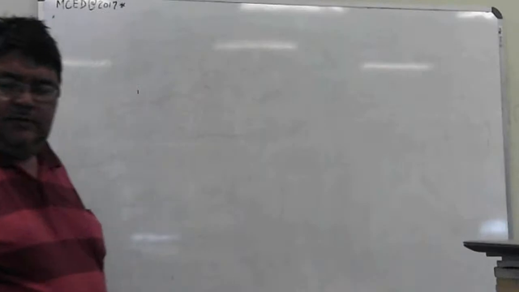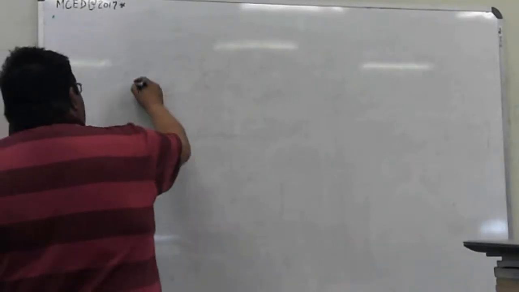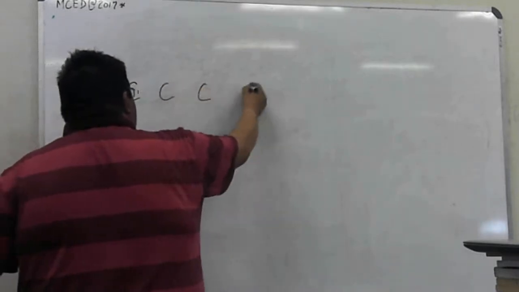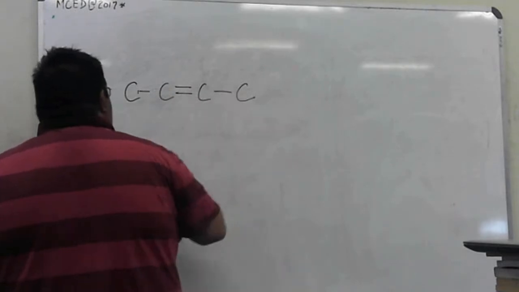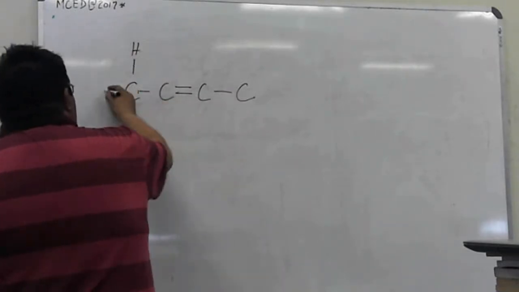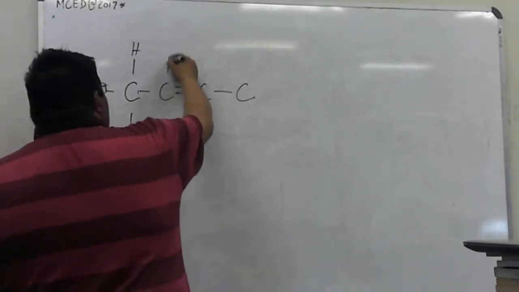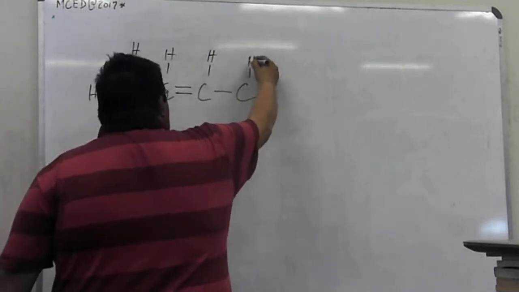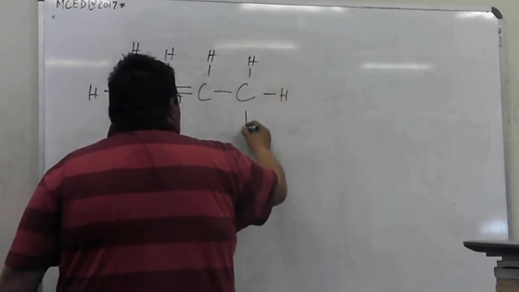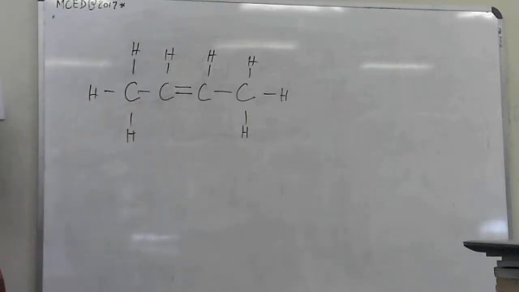Right, so butene. But is 4 carbons, and on the second carbon there's a double bond. I put my single bonds in. Rule of 4, 1, 2, 3. There's 3 bonds, 4. There's 3 bonds, 4. So that's butene.